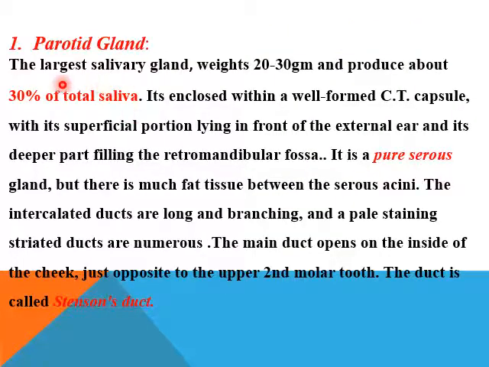Parotid gland. The largest salivary gland, weighing about 20 to 30 grams, and produces about 30% of total saliva. It's enclosed within a well-formed connective tissue capsule, with a superficial portion lying in front of the external ear and its deeper part following the retromandibular fossa.